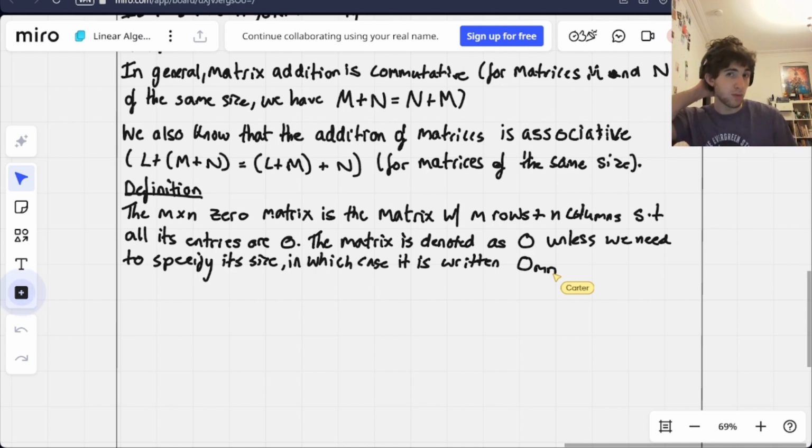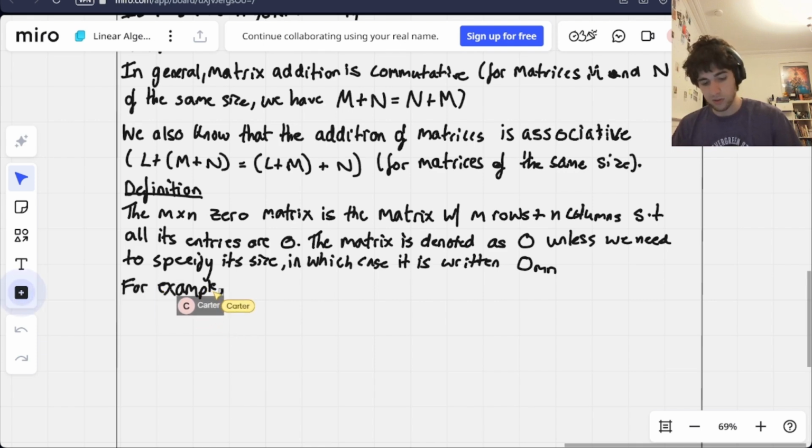So m is our number of rows and n is the number of columns, as you would normally expect. For example, the 0 matrix with the 2, 3 subscript is going to be a 2 by 3 matrix, so 2 rows and 3 columns, and all of the entries will be zeros.